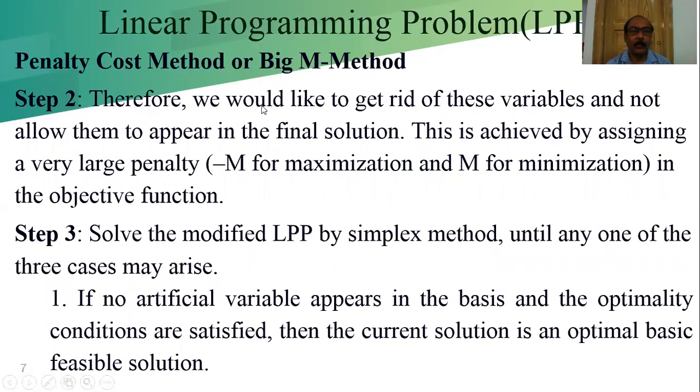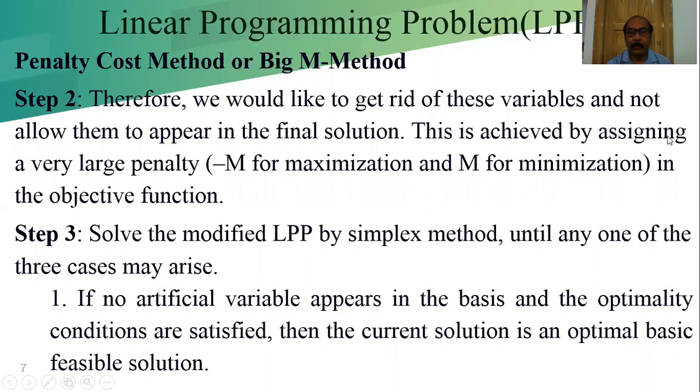Step 2. Therefore, we would like to get rid of these variables and not allow them to appear in the final solution. So, slack, surplus or artificial variables should not appear in the final optimum solution.